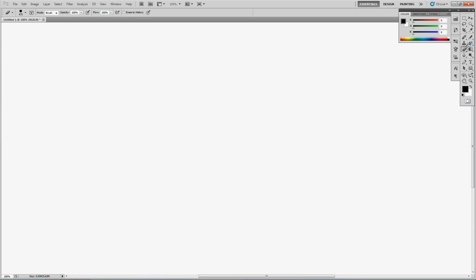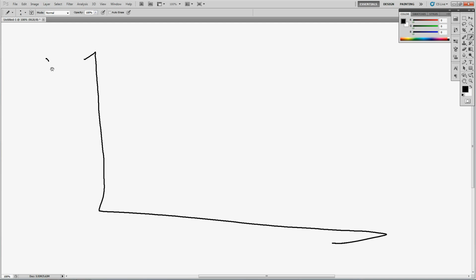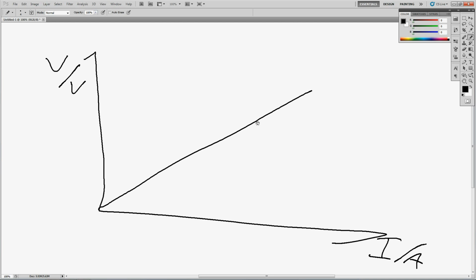If we quickly sketch out a voltage current graph, we'd have the voltage in volts and the current in amps. What this tells us we're expecting is a perfectly straight line, or close enough. The gradient would give us the resistance of the load we were measuring the current and voltage across.